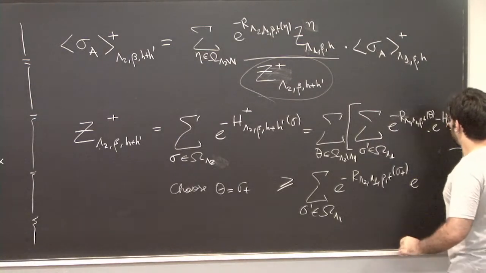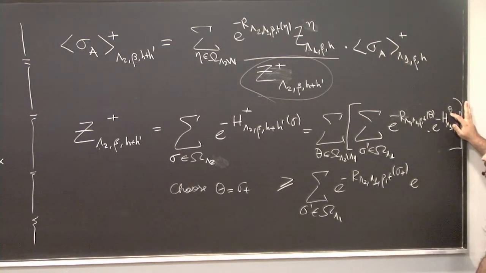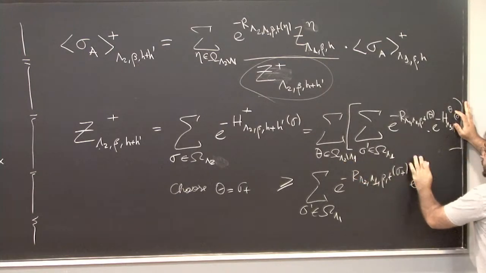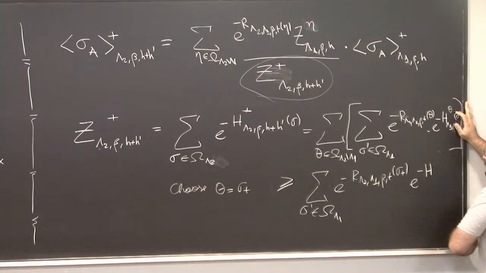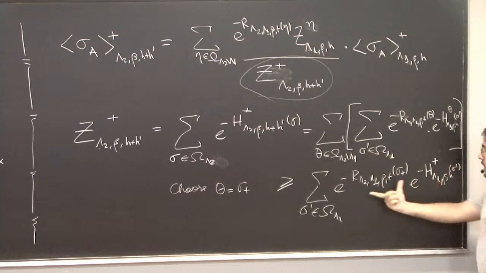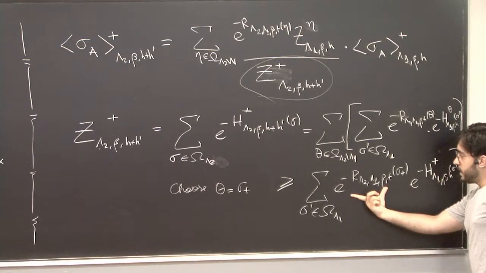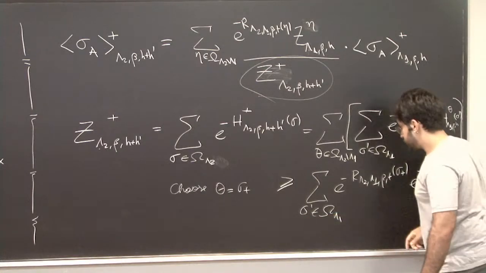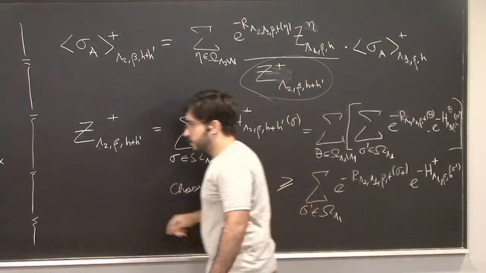Now, since theta will be sigma plus also between lambda 2 and lambda 1, this is just the plus boundary condition beta h plus sigma here. But now this term here doesn't depend on sigma prime, so I can factor this out from the sum.